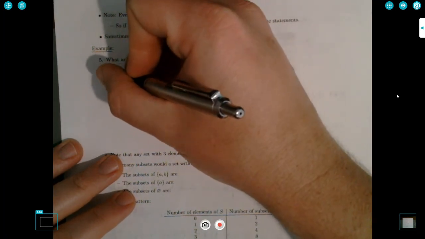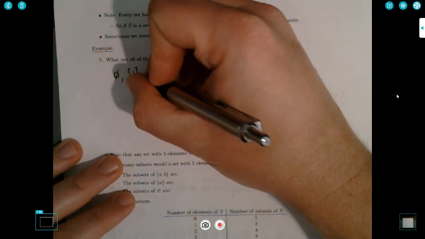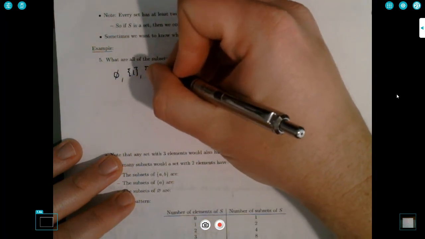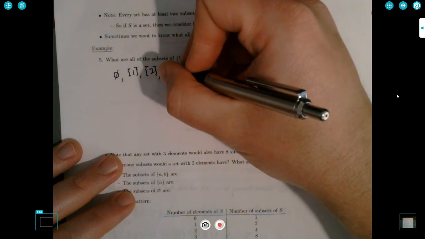Well, first of all, we just said the empty set is always a subset of our original set. In addition to that, we could look at all of the singletons, like the set {1} is going to be a subset of this set. The set {2} is going to be a subset. The set {3} is going to be a subset. So those are all the singletons.